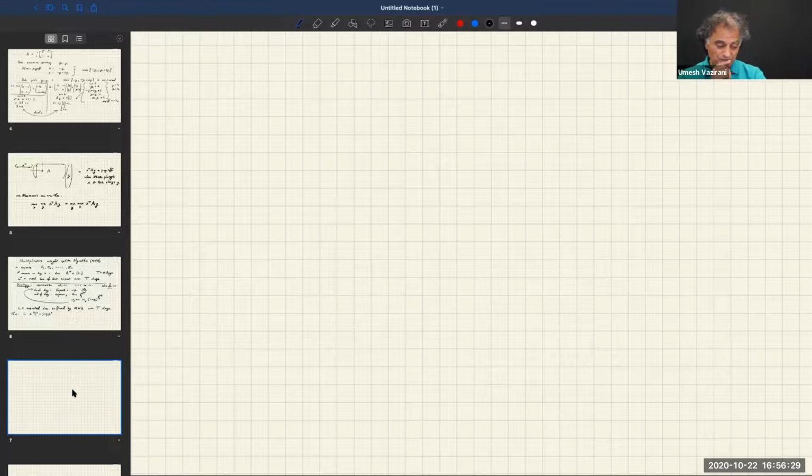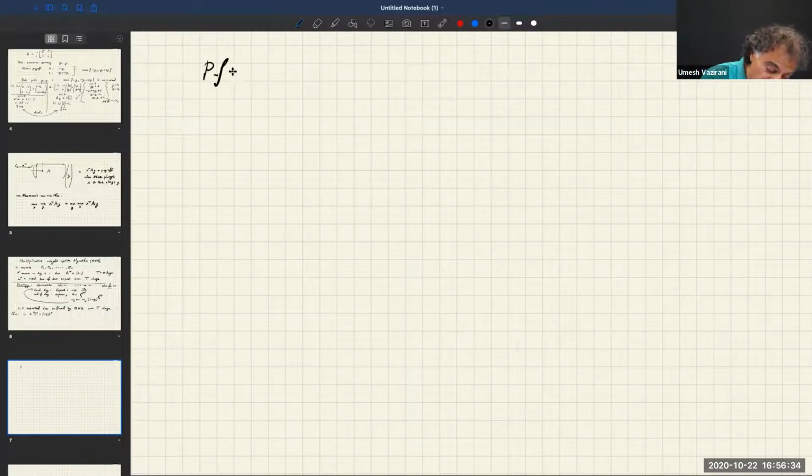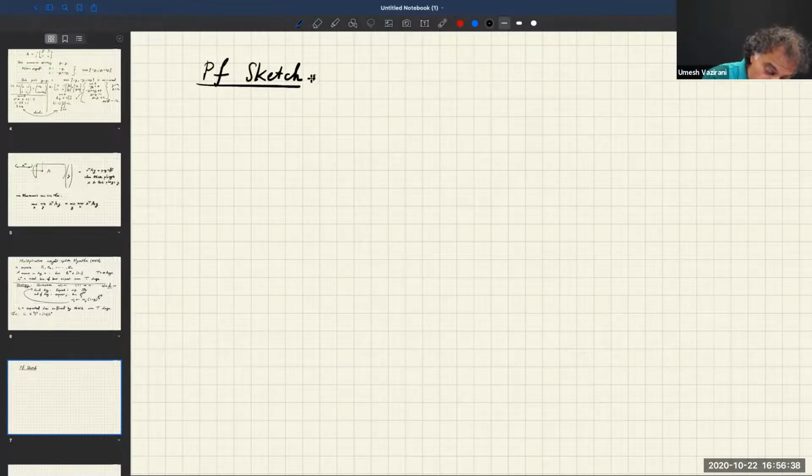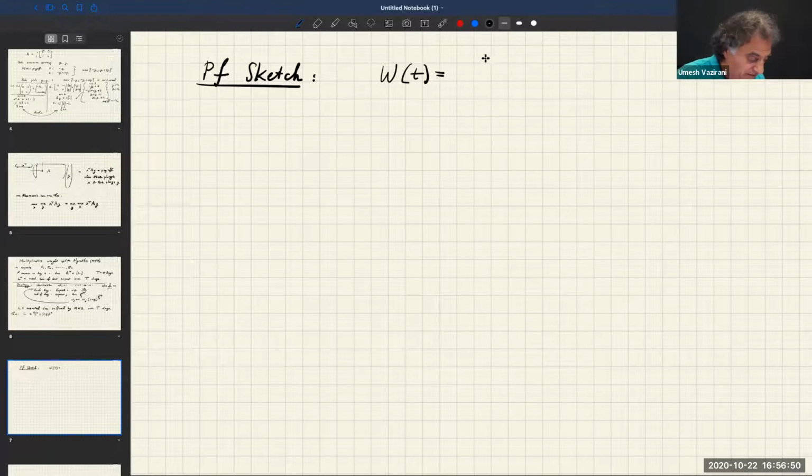Okay, so let me give you a proof sketch. The proof sketch goes like this. Let W of t be the sum of the weights on the tth day.